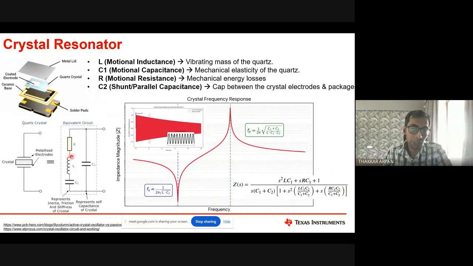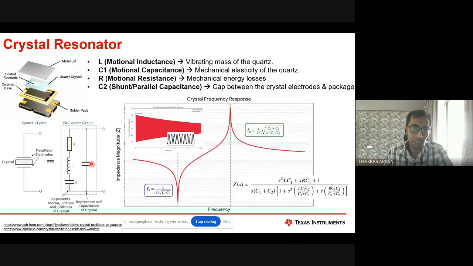Now, what happens after that? After that, omega L became the same as 1 by omega C1. So now if you increase omega further, this omega into L will start dominating, and the C1 impedance is 1 by omega C1, and this one is also 1 by omega C2. So now this C2 and C1 will come into series, right?